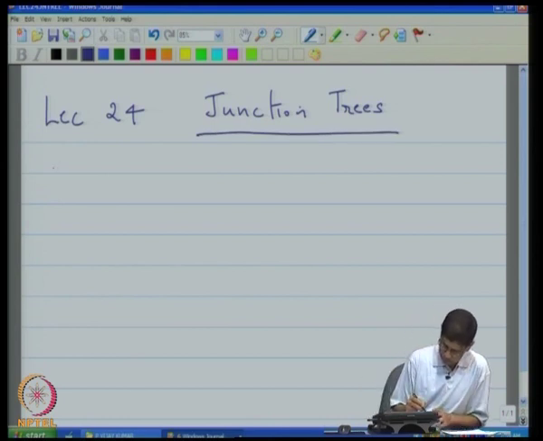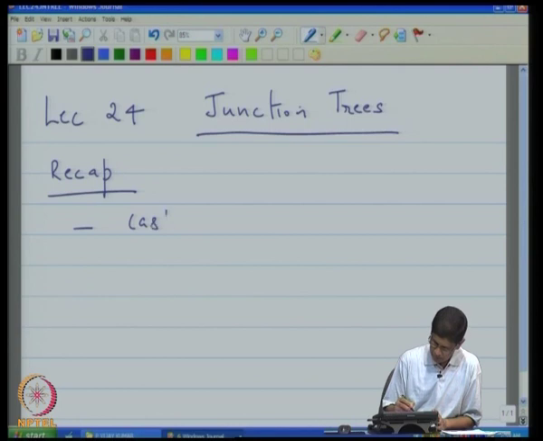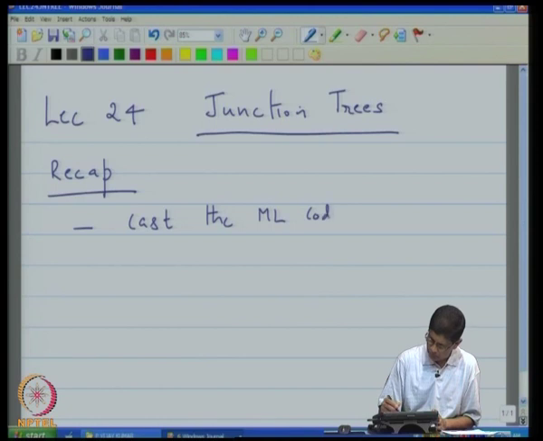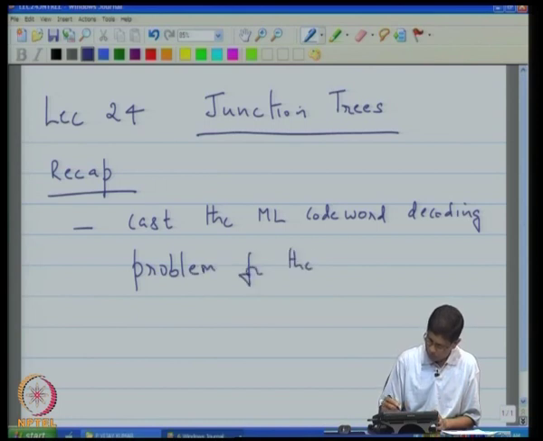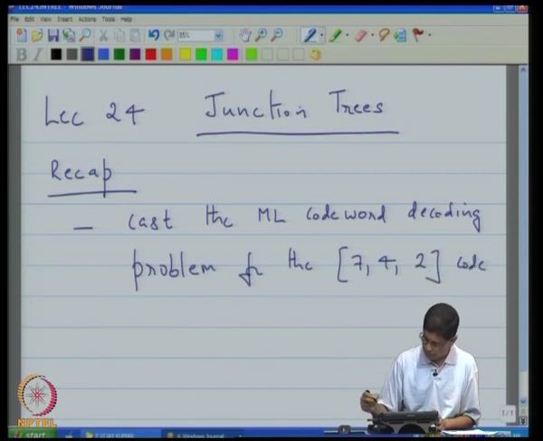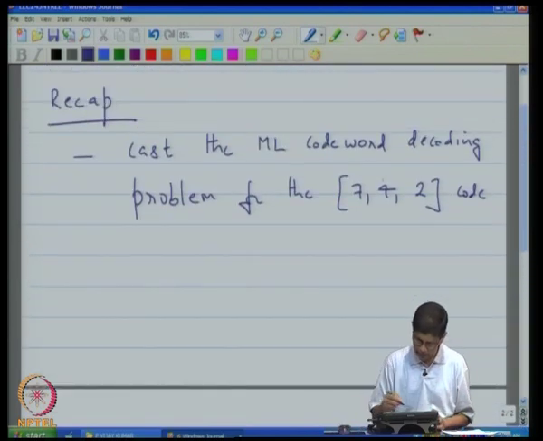So, recap, we cast the maximum likelihood code word decoding problem for the 742 code as an MPF problem.